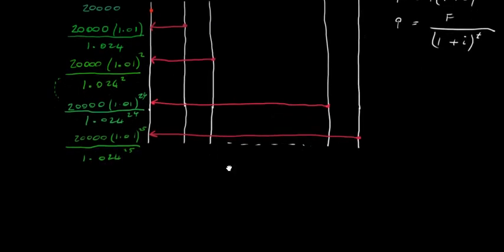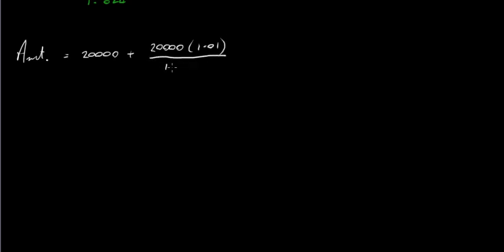Okay, so let's put them all together in a row then. So we have the amount required, we'll call it amount required, let's say, is 20,000 euros first of all, plus 20,000 times 1.01 divided by 1.024 to the power of 1, plus 20,000 times 1.01 to the power of 2 divided by 1.024 squared, plus, and so on.